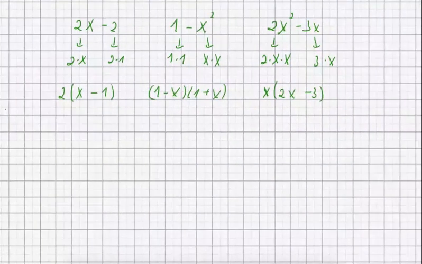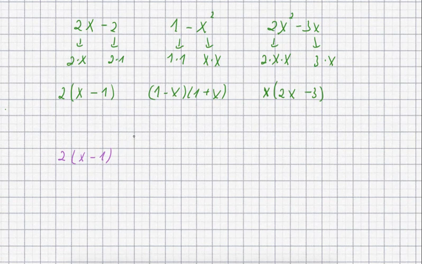So we have these 3, 1, 2, 3. I'm going to find something that has all of those inside. The first one we just copy because we have nothing yet. The x minus 1 is here. But now the second one.